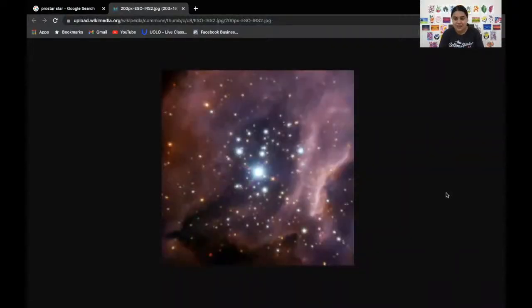The last element that I have here with me today as part of today's class is basically called the protostar. Now, what is a protostar? A protostar is basically just another star, but it's a very young star. Now, the sun is also a star. We have so many stars out there.